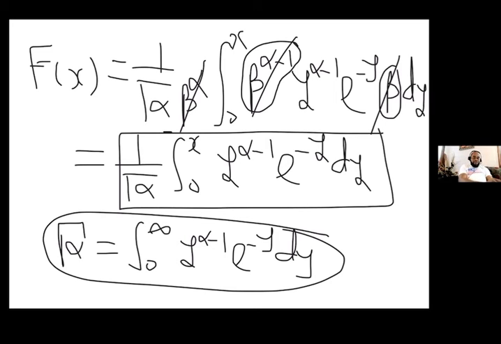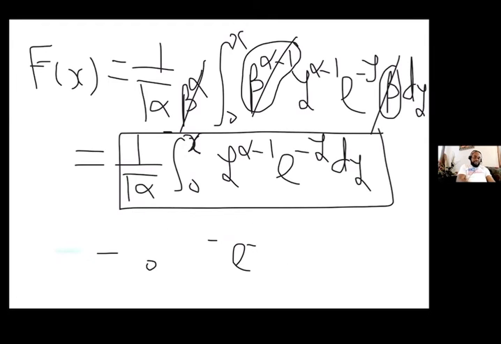But this time around, the upper limit is not infinity, it is x. So we call that an incomplete gamma function. I'm going to say that again. We call that an incomplete gamma function.